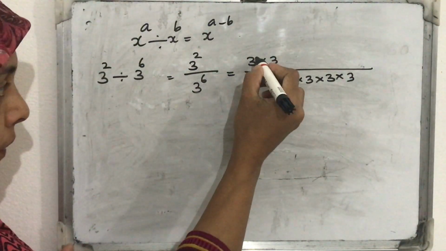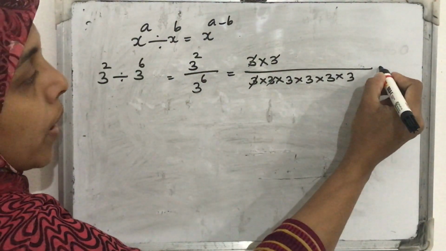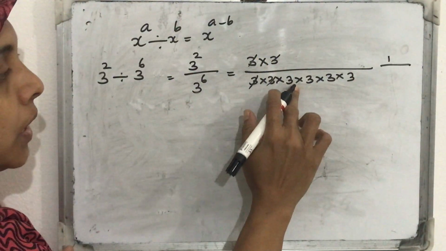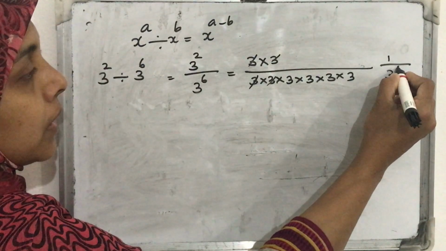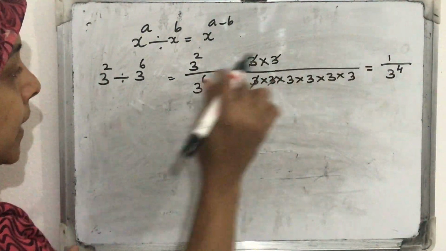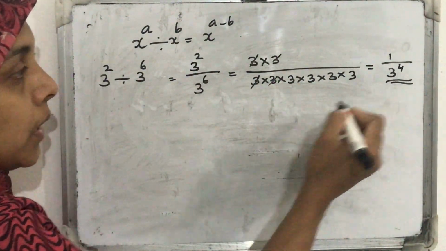Now when we cancel, we get 1 in the numerator only. Here how many 3s are there? 1, 2, 3, 4. So we can write it as 3 raised to 4. So for 3 square divided by 3 raised to 6, we got 1 by 3 raised to 4.